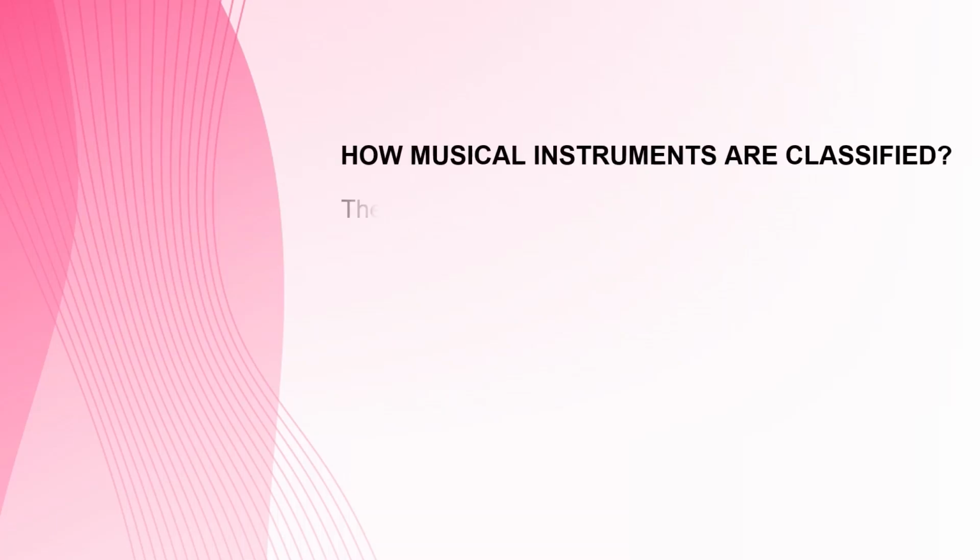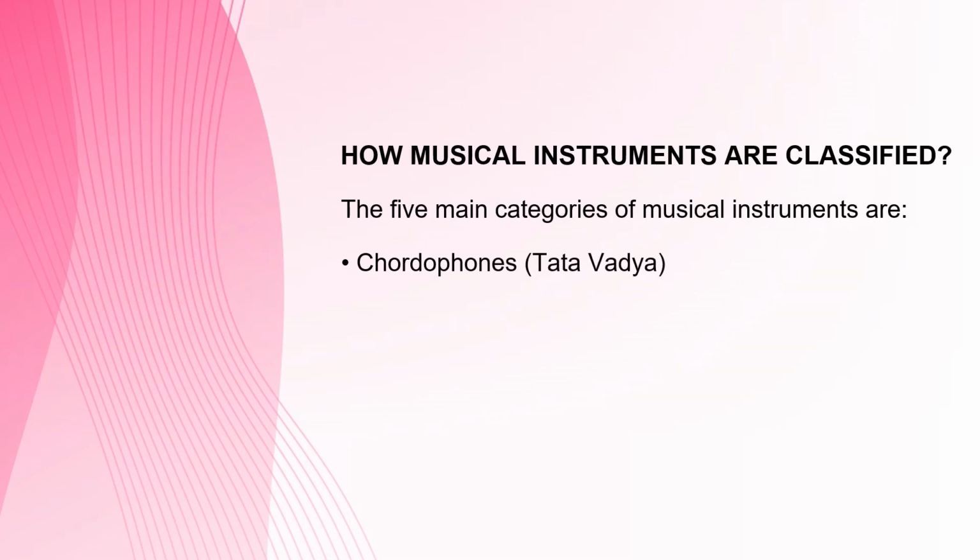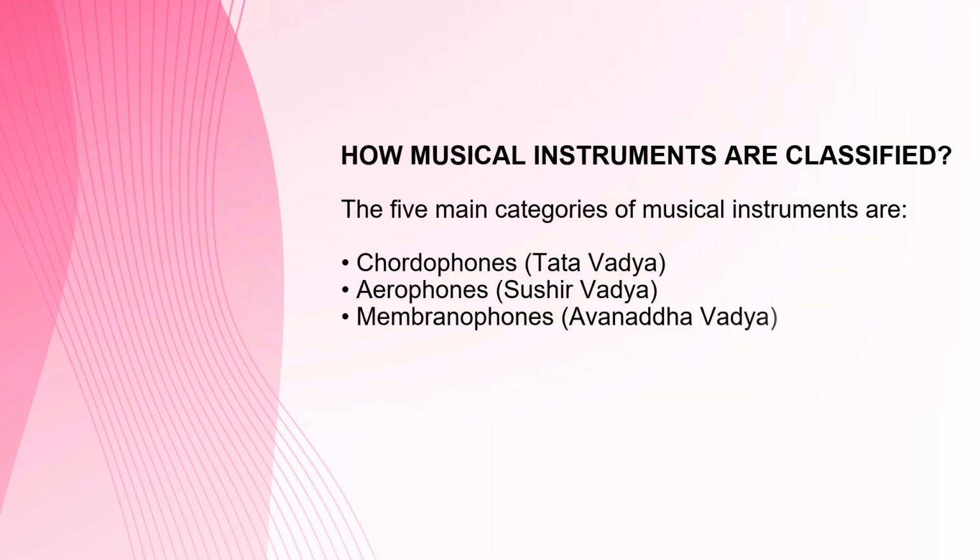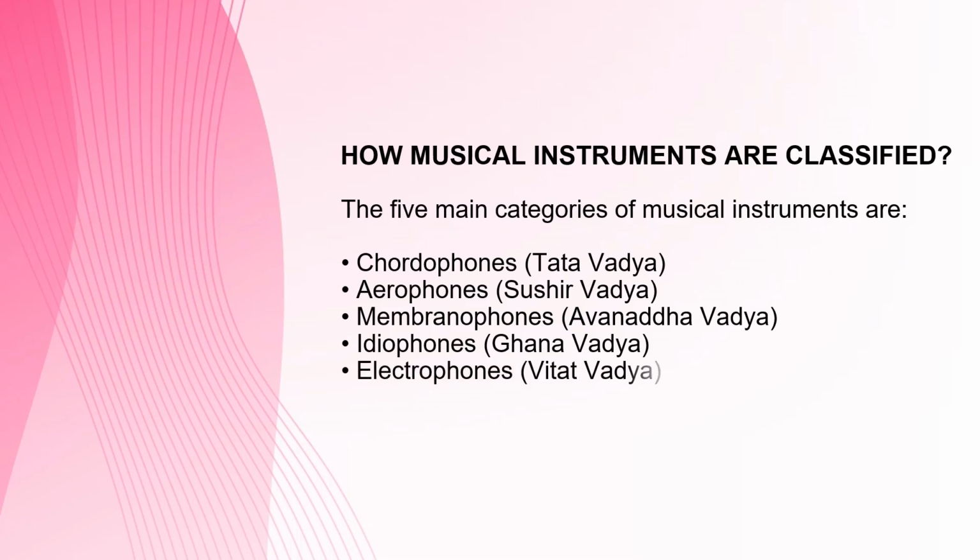The 5 main categories of musical instruments are chordophones, termed as Tatavadya or string instruments; aerophones, termed as Sushiravadya or wind instruments; membranophones, termed as Avanaddhavadya or percussion instruments; and idiophones, termed as Ghanavadya or solid instruments. With the advancement of technology, a new category has been included, known as electrophones.